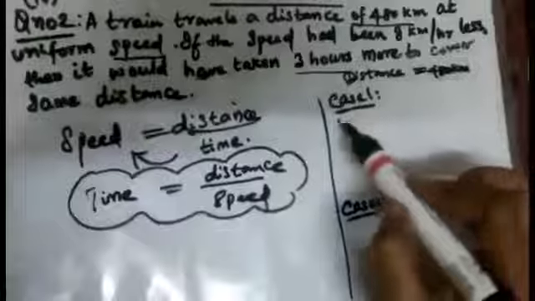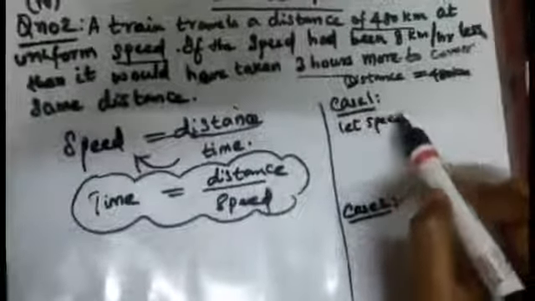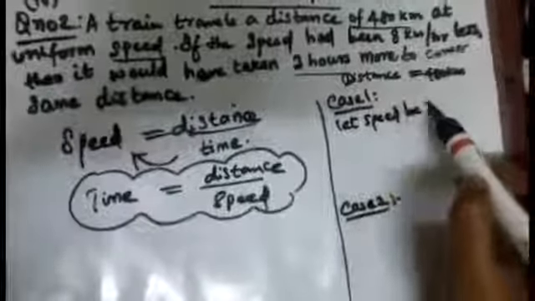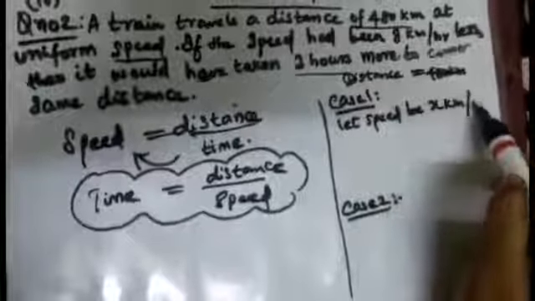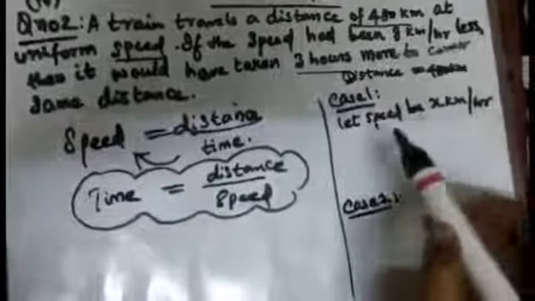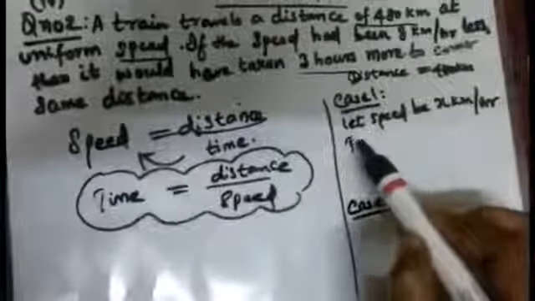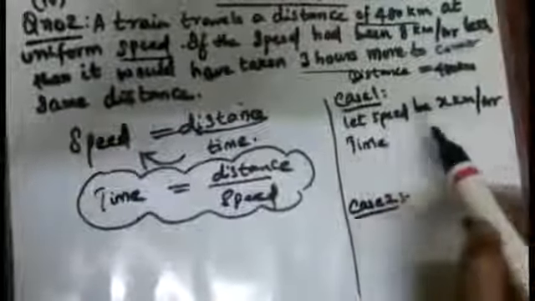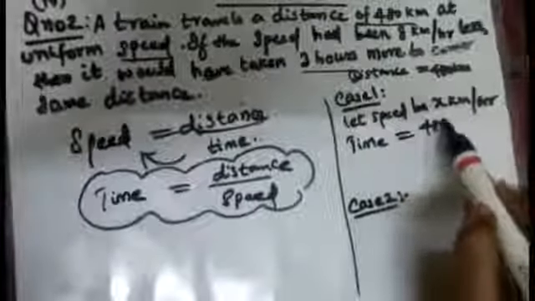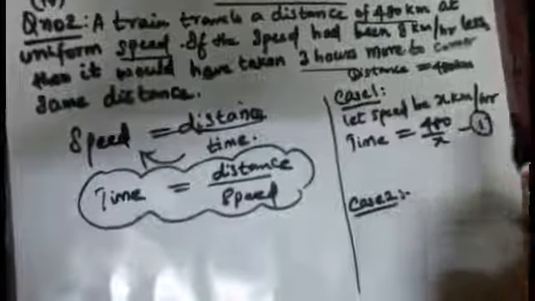Now in case 1, let the speed be x kilometer per hour. As per this formula, the time taken by the train in this situation is 480 by x. So this is our first equation.